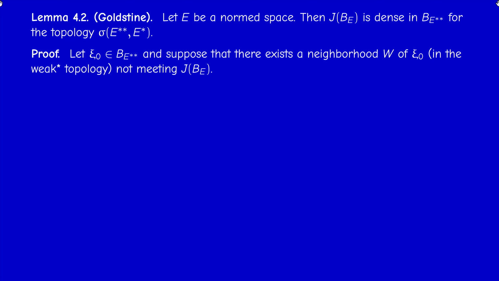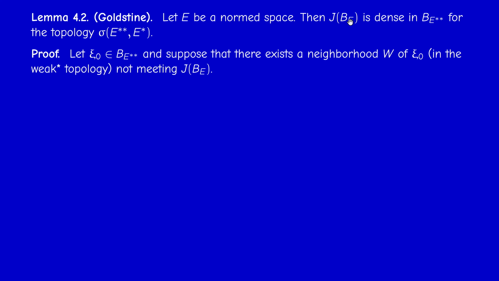To prove that, we reason by contradiction. So how do we prove that a set is dense? We have to prove that the closure of J of BE is equal to BE double star, the closure in the weak star topology. It's enough to prove that any element in the unit ball of E double star is in the closure.